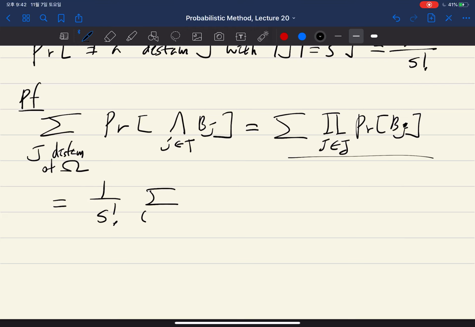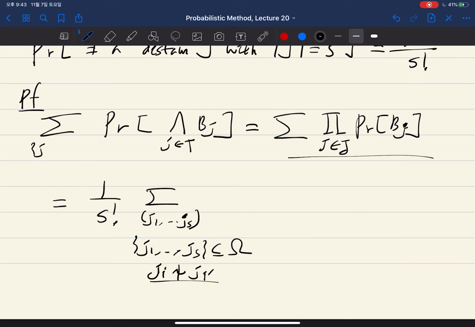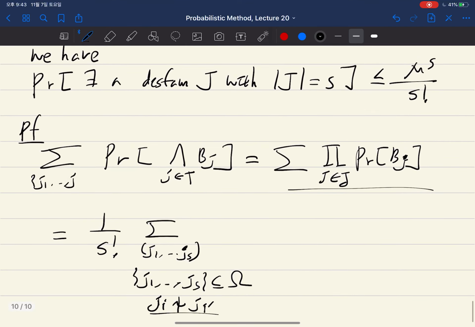You just add an additional element of ordering, where J1 to Js are subsets of omega, and no two of them are related. So let's write this way: J1 to Js, where Ji is not related to Ji prime, for i prime not equal to i.